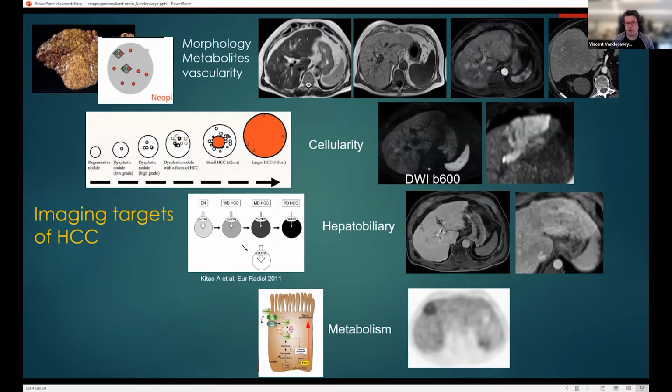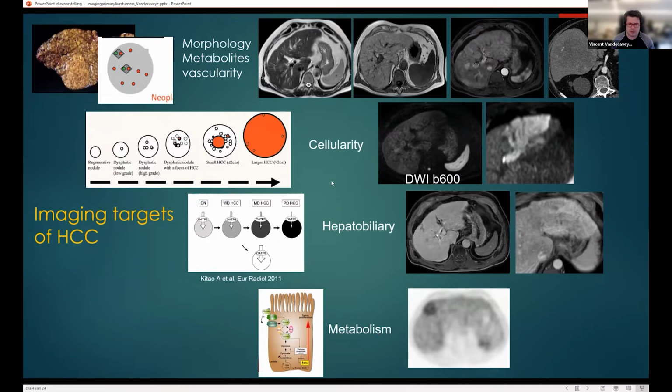Regenerative nodules often contain iron and will be dark on T2 weighted imaging. So these conventional sequences remain very important. And of course, due to the typical alterations in vascularity, we use three-phase contrast MRI or three-phase contrast CT.